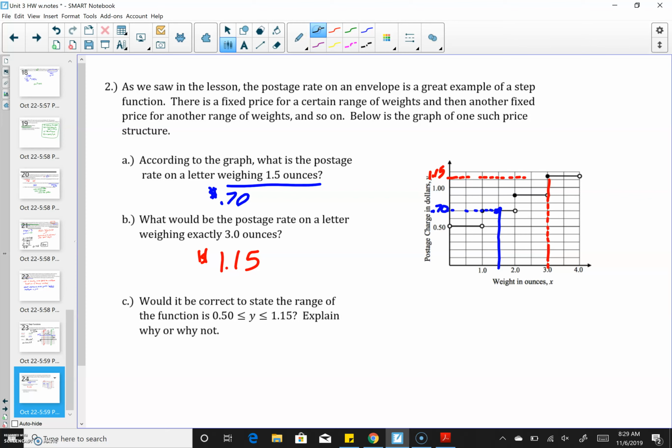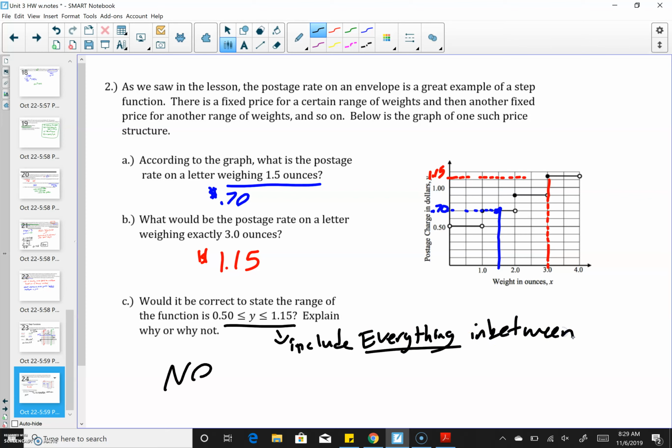Would it be correct to state that the range of this function is 50 cents, less than or equal to y, less than or equal to $1.15? And the answer is no. When you write something that looks like this, it means it includes everything in between those two numbers.